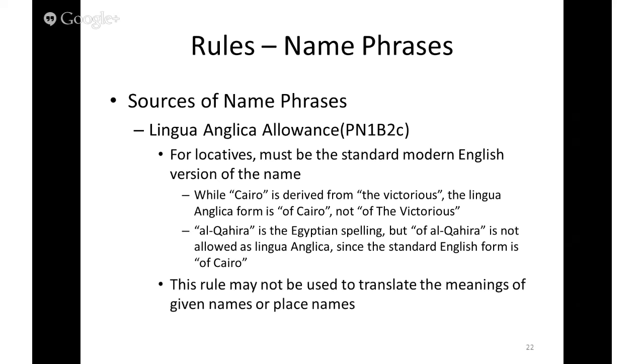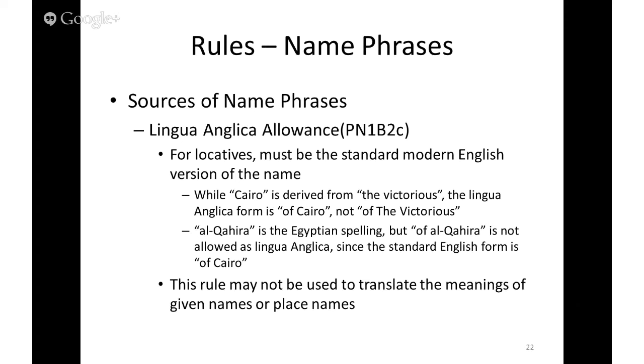Now, very important, you cannot use Lingua Anglica allowance to translate the meanings of given names or place names. We looked at the example of victorious here. You also can't use the baby name books. Well, I can document the name Michael, and Michael means, I don't know what, strong ruler, so I want to register strong ruler. No. We don't translate.